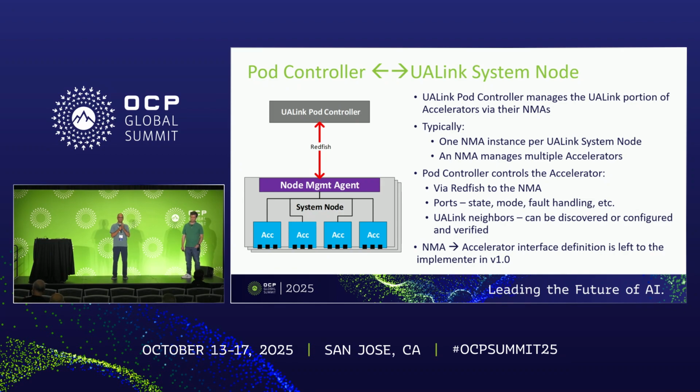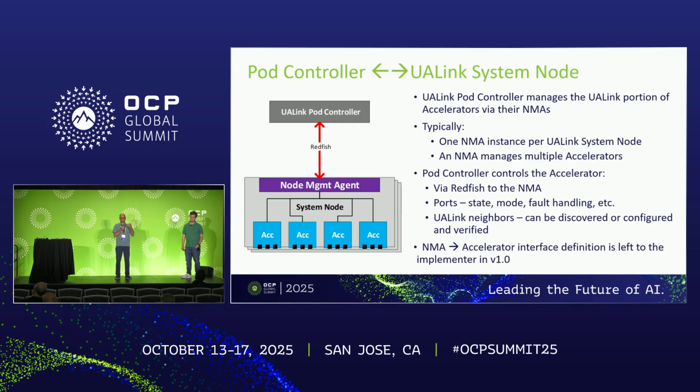You can have a tray that's bifurcated in any which way you want, up to the implementation. We look at one NMA as one system node. That's our definition in a logical sense that also maps to a full set of accelerators that aligns along the physical boundaries now.